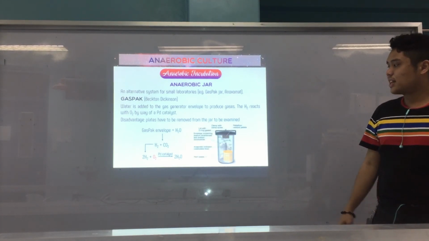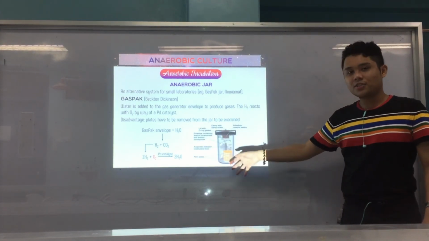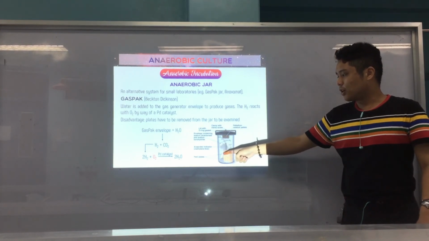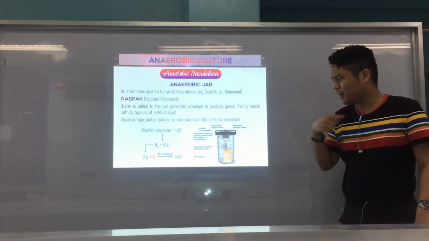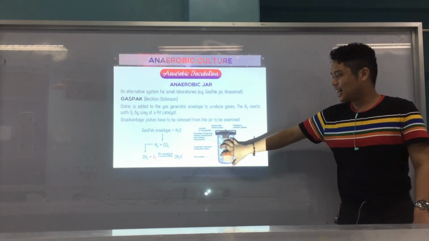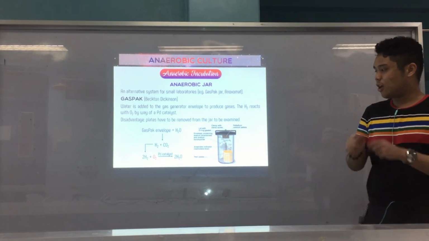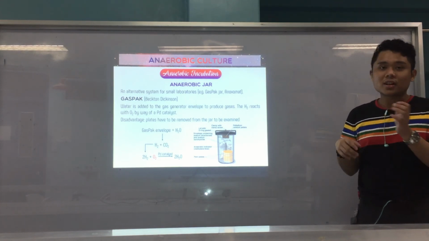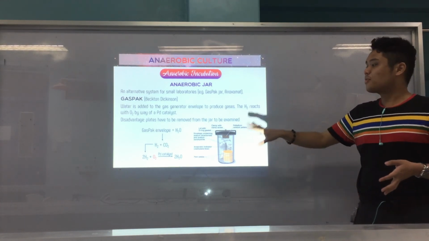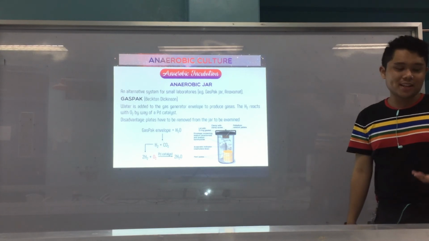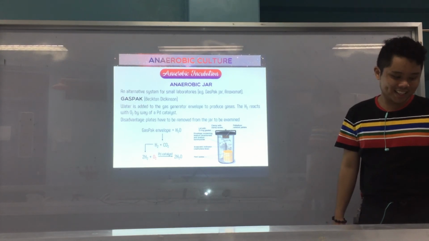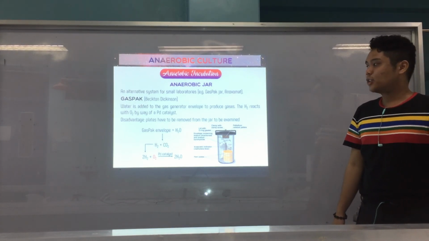Alright, so this is an example of a jar. It is really a jar, alright? I think this is where you put the water. The envelope is opened, I think, and then the water is added there. I'm not quite familiar with how it is operated. But yes, that's a gas pack according to Becton Dickinson.